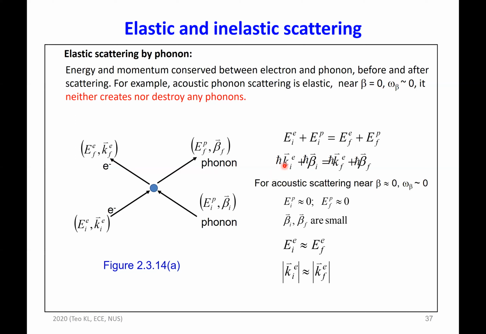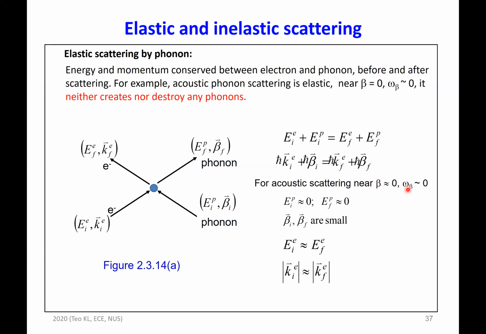And similarly for the wave vector or the momentum: h bar k, electron initial momentum, plus h bar beta, initial phonon momentum, equals final electron momentum plus final phonon momentum. For acoustic scattering, near beta close to zero, the frequency or the angular frequency is zero.